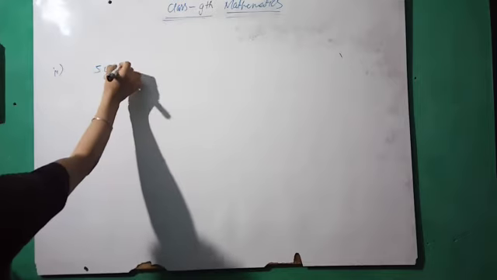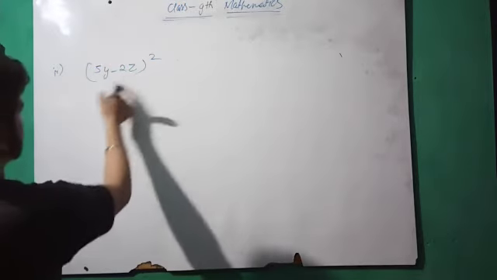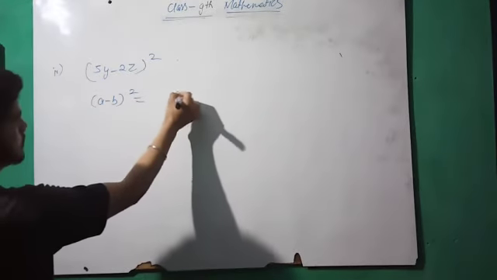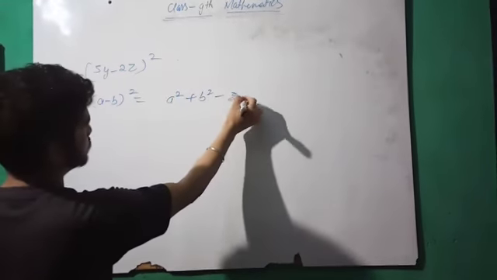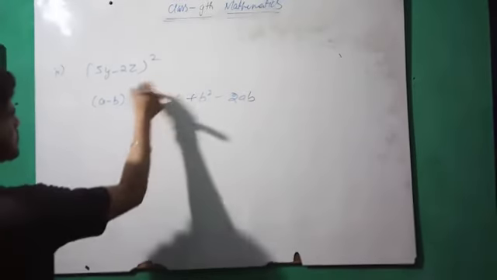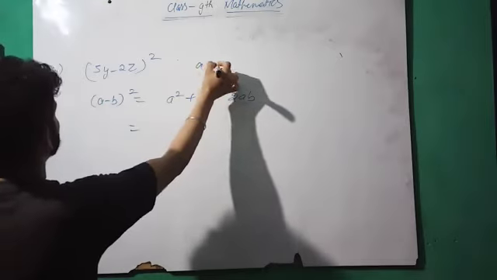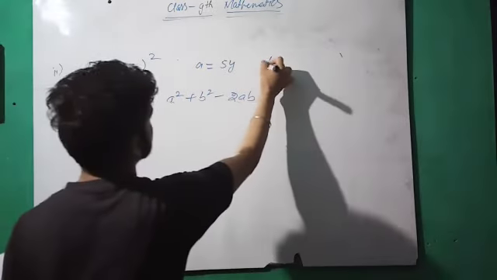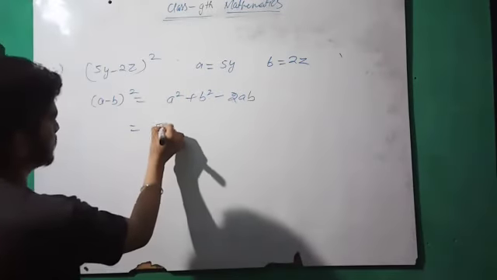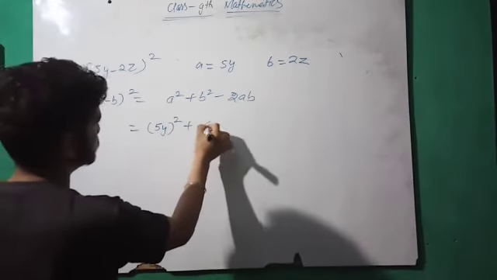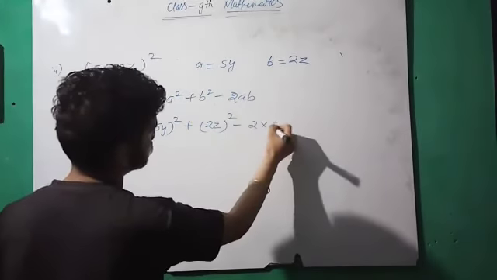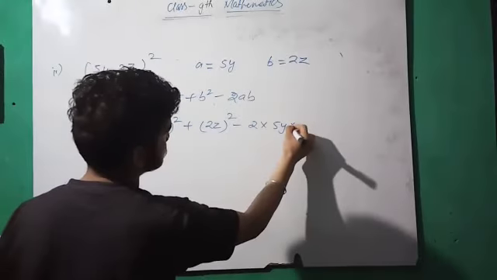Second part, (5y minus 2z) whole square. Okay, that is (a minus b) whole square. (a minus b) whole square is a square plus b square minus 2ab. If you use this identity, then take a as 5y and b equal to 2z. a square is (5y) square, b square is (2z) square, minus 2 into a, 5y, into b, 2z.